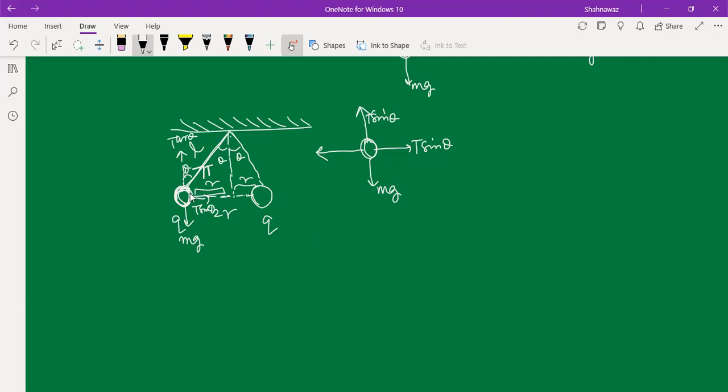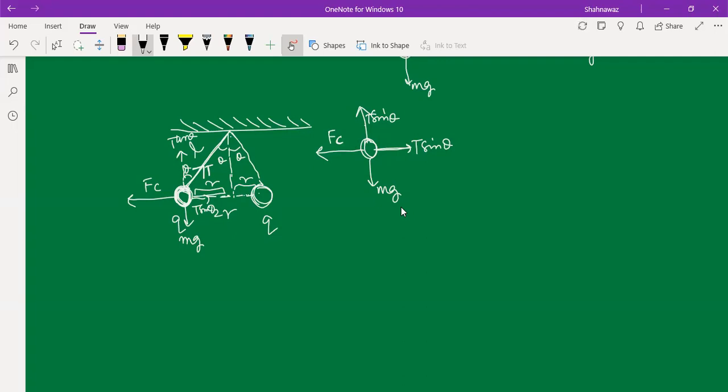So whenever you see two charges, then there must be a Coulomb force, right? So this charge will repel this charge in this direction. Am I correct, Rabia? Yes, sir. So this is the Coulomb force that is balancing this tension, right?